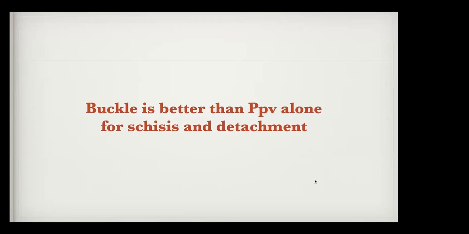So that's why I think that buckle is better than vitrectomy alone for the schisis and detachment, because I have seen many, many cases, and I always compare the eyes. For instance, this eye has been operated multiple times, not by me because I don't do this anymore.